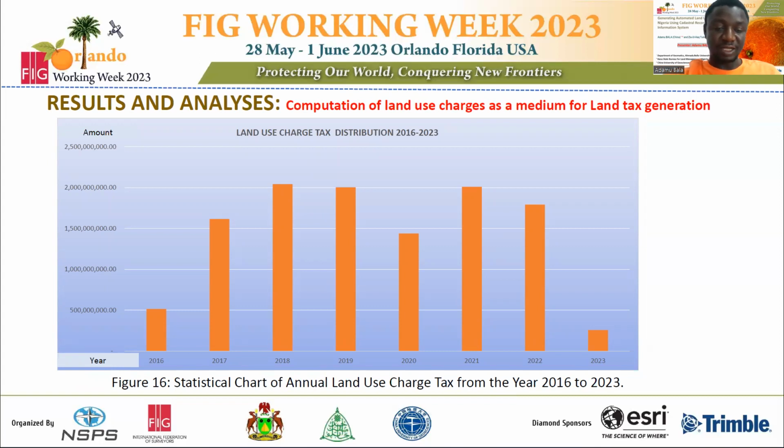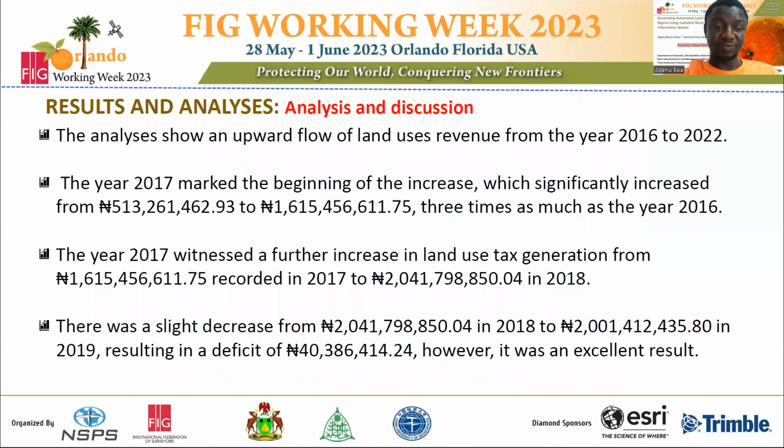We can see there is a significant increase from 2016 up to 2019, which declined downward for the year 2020 and moved upward for 2021. This was, of course, as a result of the COVID-19 pandemic, which led to the closure of most of the activities. So that was the reason for such.